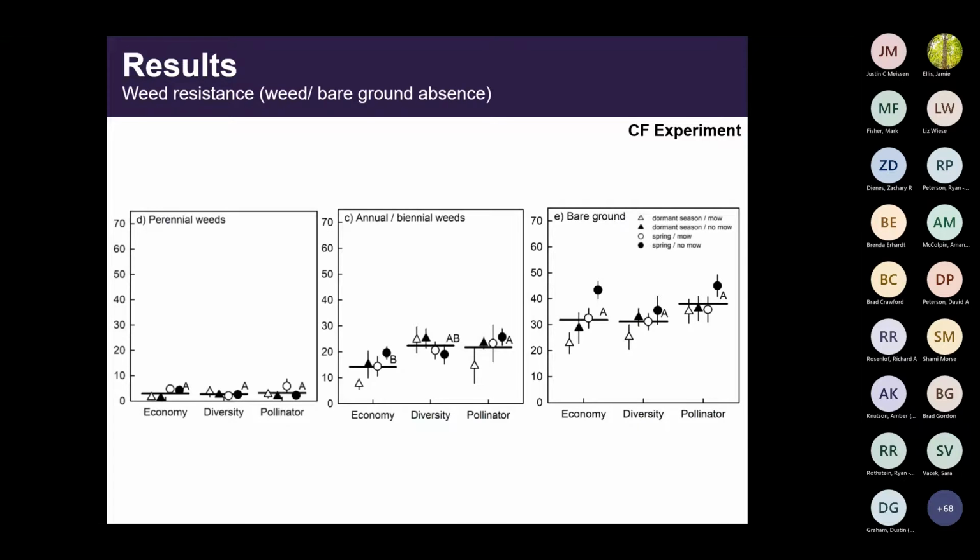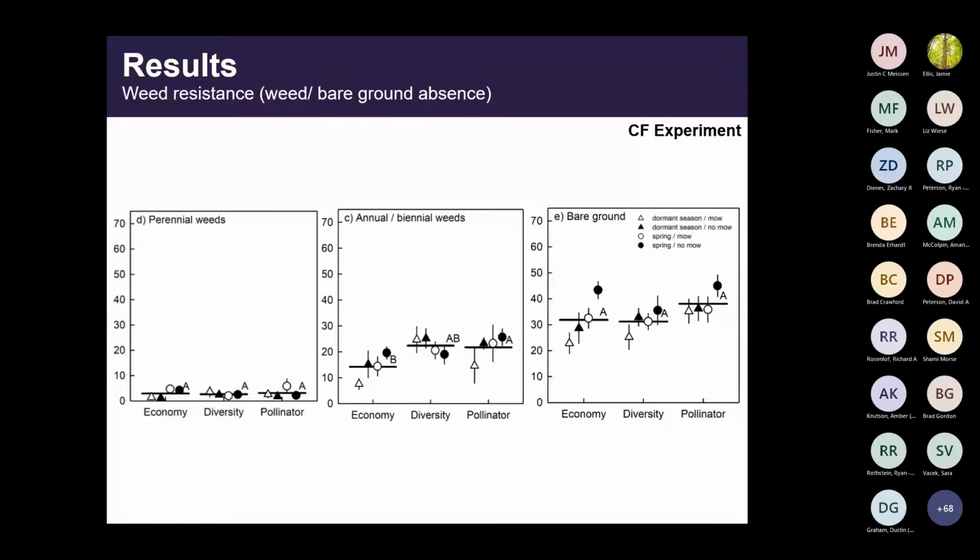Okay, so looking at weed resistance, we found that seed mix, mowing, and planting time all affected some aspect of weed and bare ground cover. Here, from left to right, we're looking at perennial weed cover, annual and biennial weed cover, and bare ground cover. With seed mixes, the grass-dominated economy mix had the lowest annual weed cover, but otherwise seed mix was not having a huge effect on annual weeds or perennial weeds.